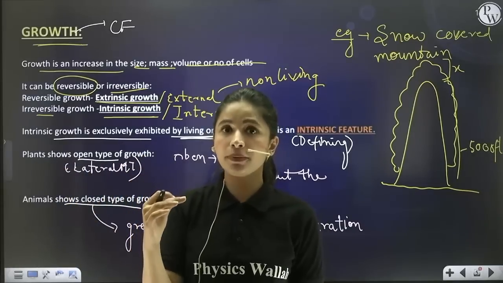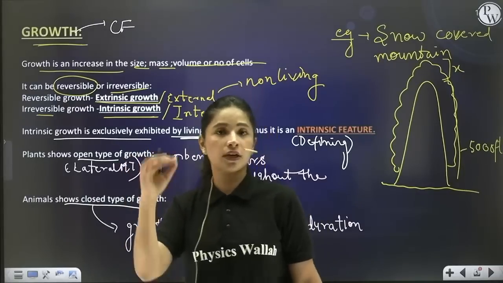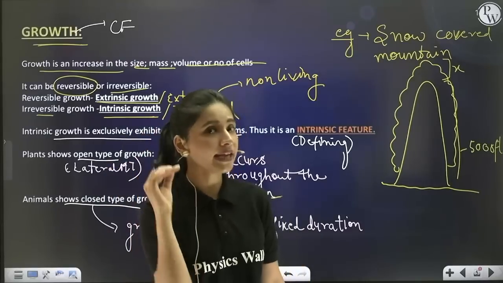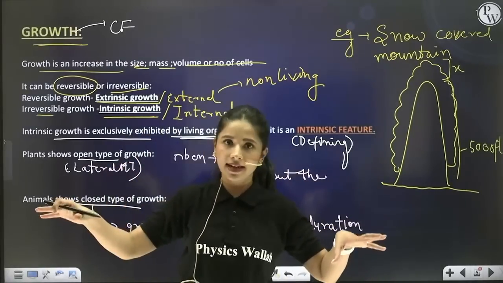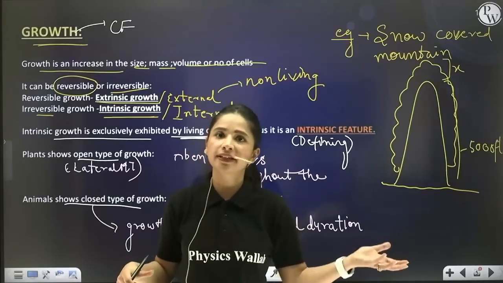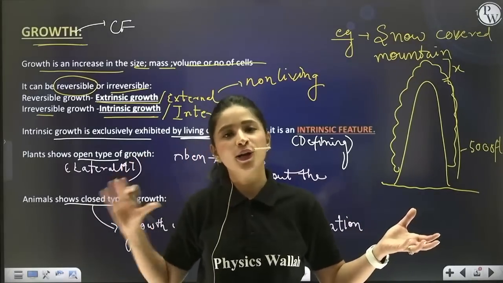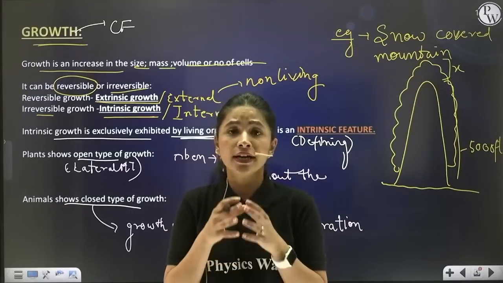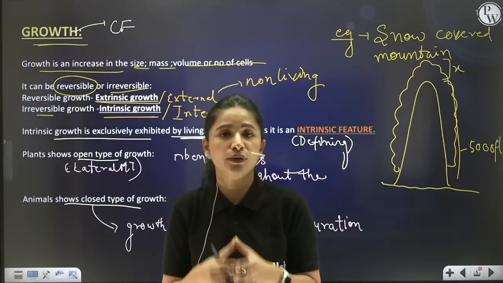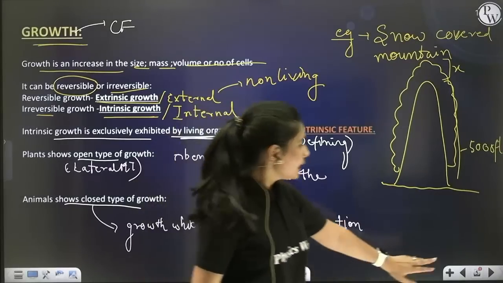Thus, intrinsic growth becomes a defining feature. Clear? It can be exhibited by all plants and animals. Few plants show open type of growth, and animals without any exception they show closed type of growth. This much you have to do for the first feature, that is growth. I hope I am clear with this.